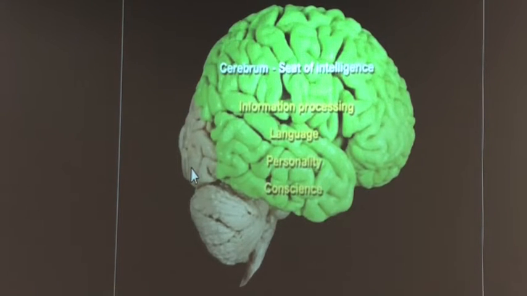But let's get this as well. So cerebrum, these are more general functions. We have information processing. Talked a lot about that. Language we've talked about. Personality and consciousness.